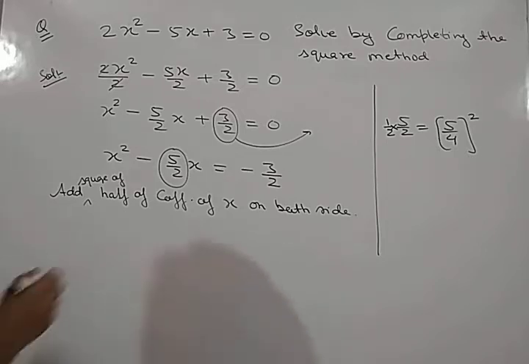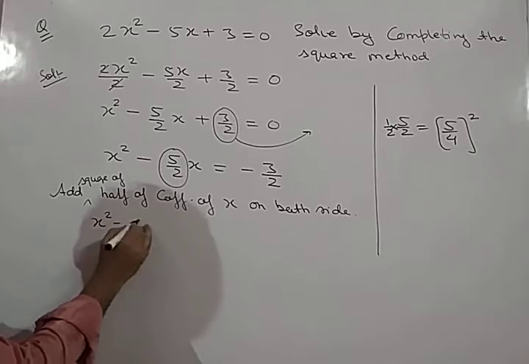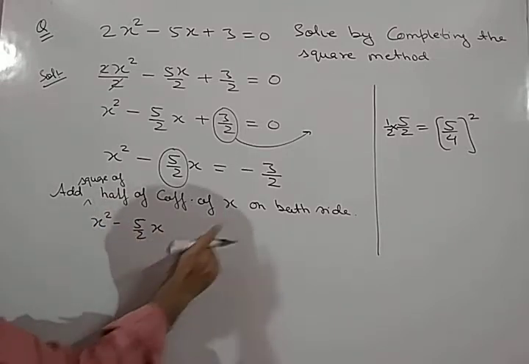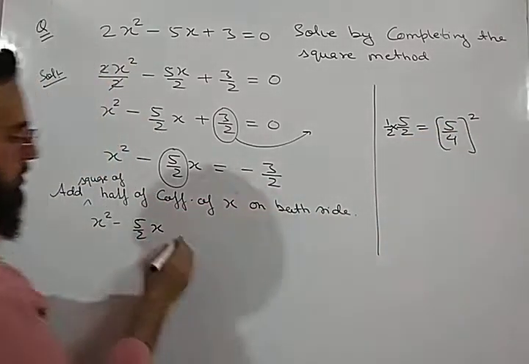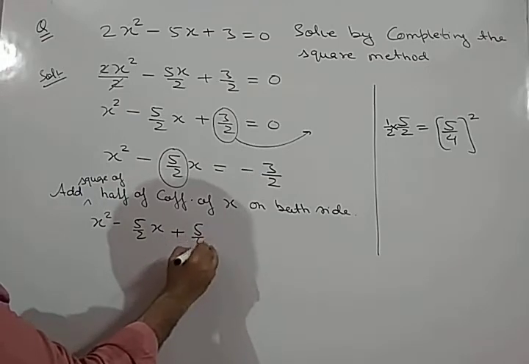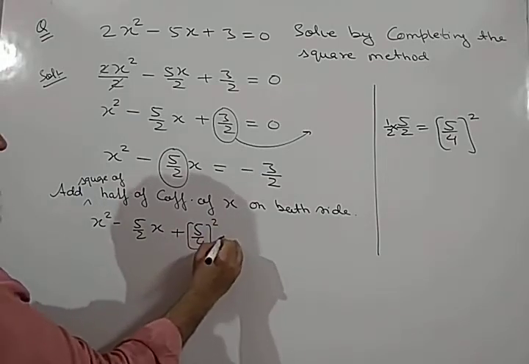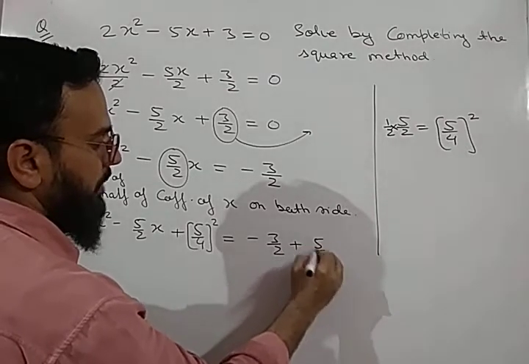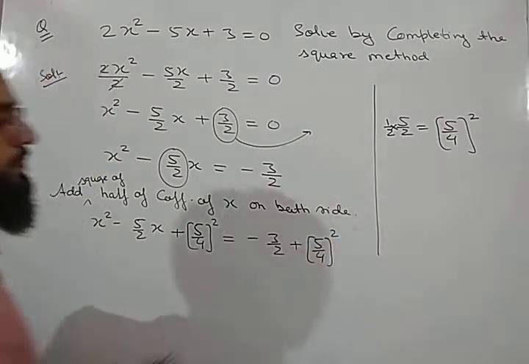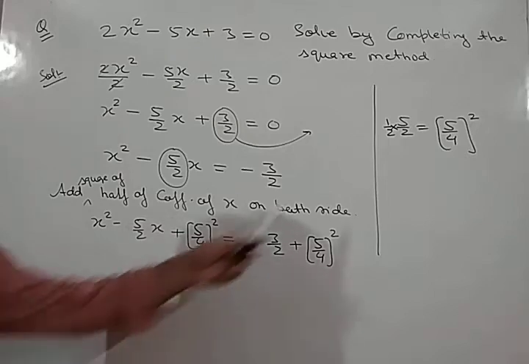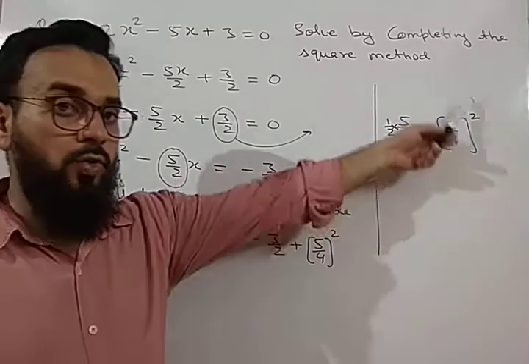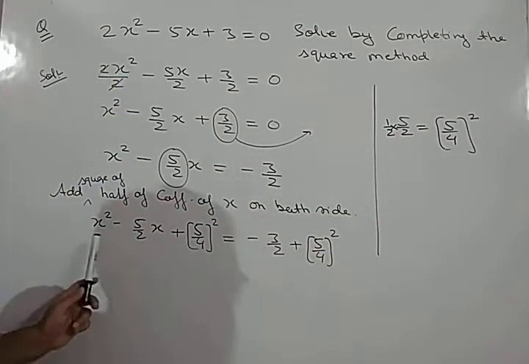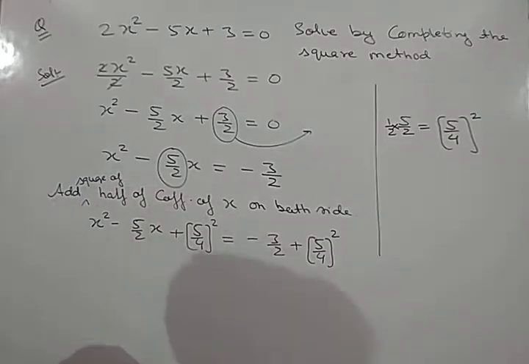So adding it, we will get x square minus 5 by 2x plus 5 by 4 whole square is equal to minus 3 by 2 plus 5 by 4 whole square. So adding the square of half of the coefficient of x on both sides, we are getting this particular equation now.